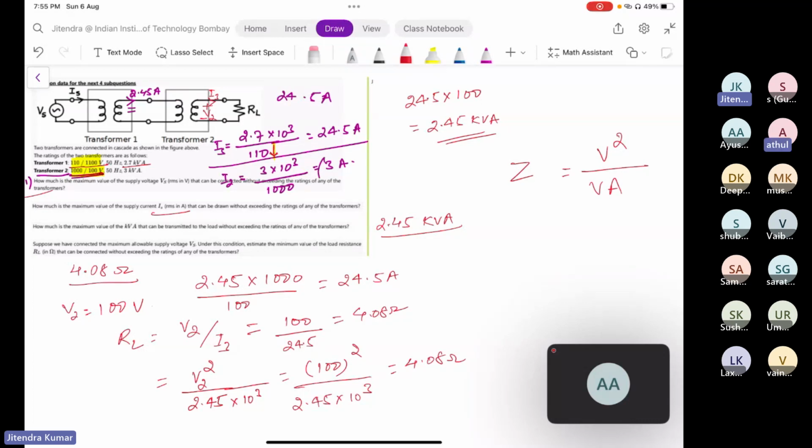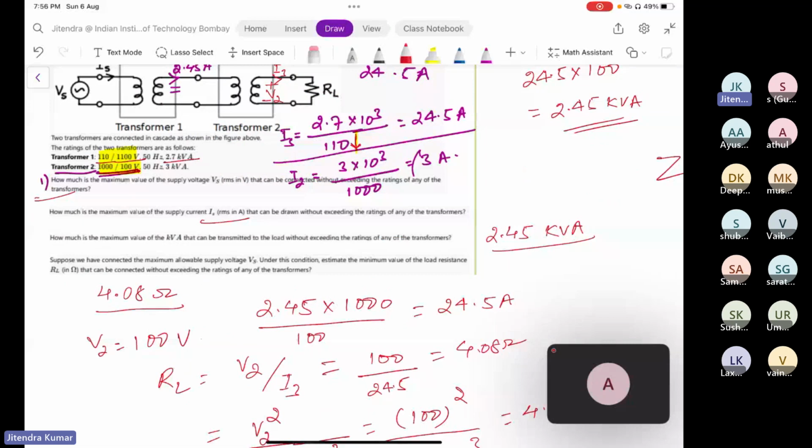Sir, can you explain how the third question works? How much is the maximum value of kVA that must be transmitted to the load? So the maximum value of kVA means we have to multiply voltage and current, and the maximum allowable voltage we have calculated from the first part and second part, right?